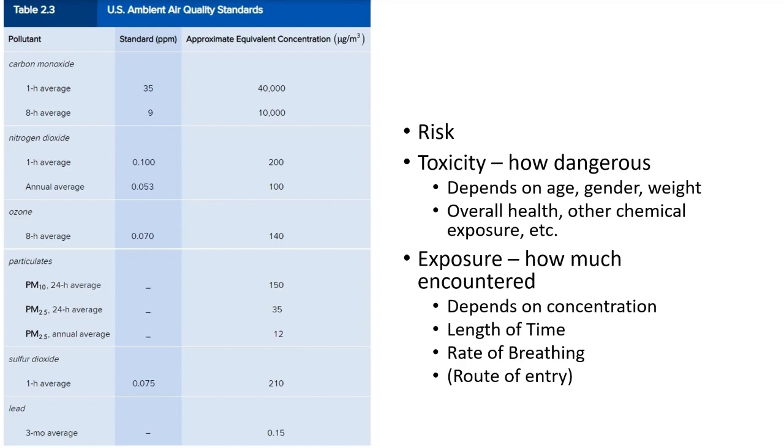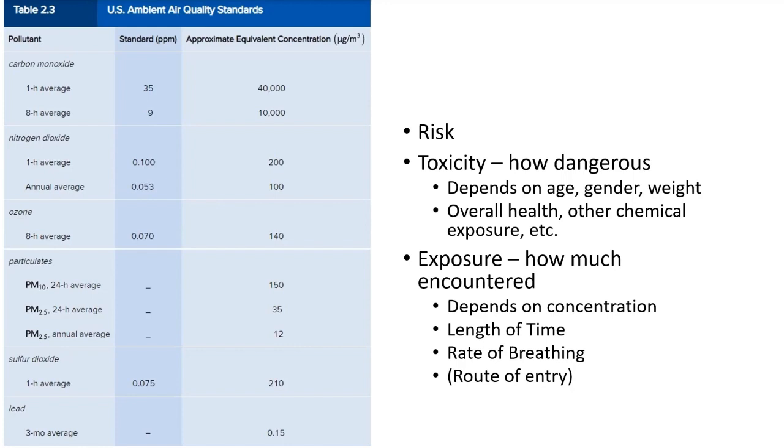Okay, so the darker blue column on this chart lists the concentration in ppm. What does ppm stand for? Parts per million. So what is the limit that we're allowed to have in the atmosphere at any given time before, you know, the government starts saying, I'm going to put a fine on this factory or whatever?